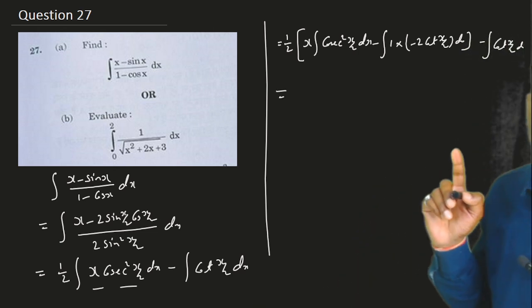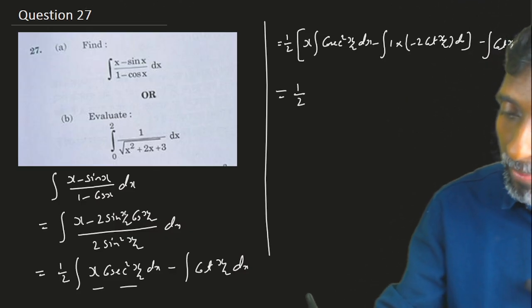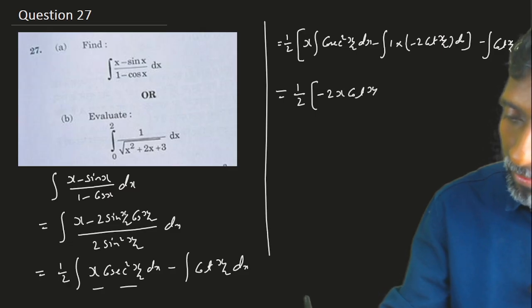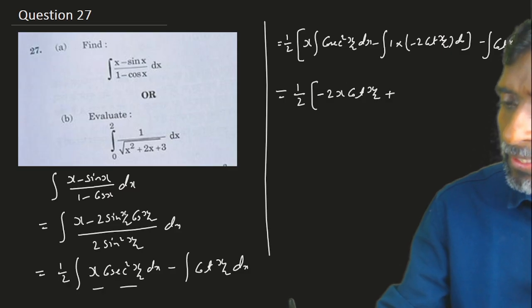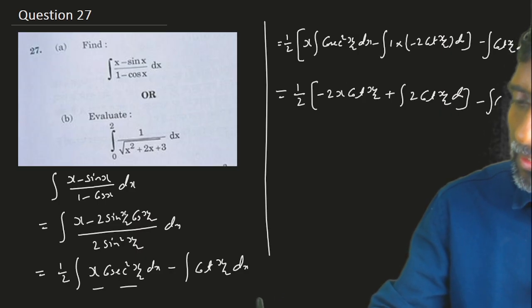Right? Now we can eliminate this bracket first. So it is 1 by 2 multiply minus 2x cot(x/2), okay, plus integration of 2 cot(x/2) dx and minus integration of cot(x/2) dx.